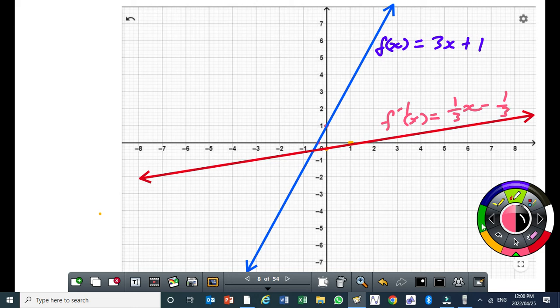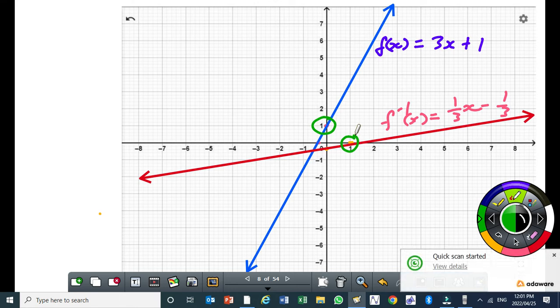Do you see that the y-intercept, which was 1 for the original function, which is in blue, is now the value of the x-intercept for the inverse? Do you see that? Yes. Then for the x-intercept of the original function, it was negative a third.